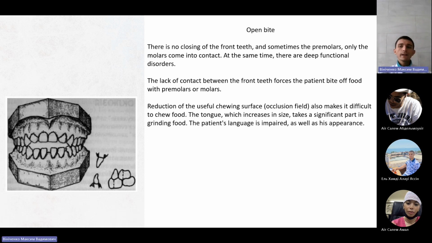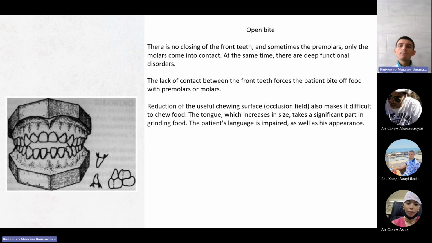It could also be a macroglossia, if the tongue has a big shape. If we talk about macroglossia, there also must be spaces between the teeth.